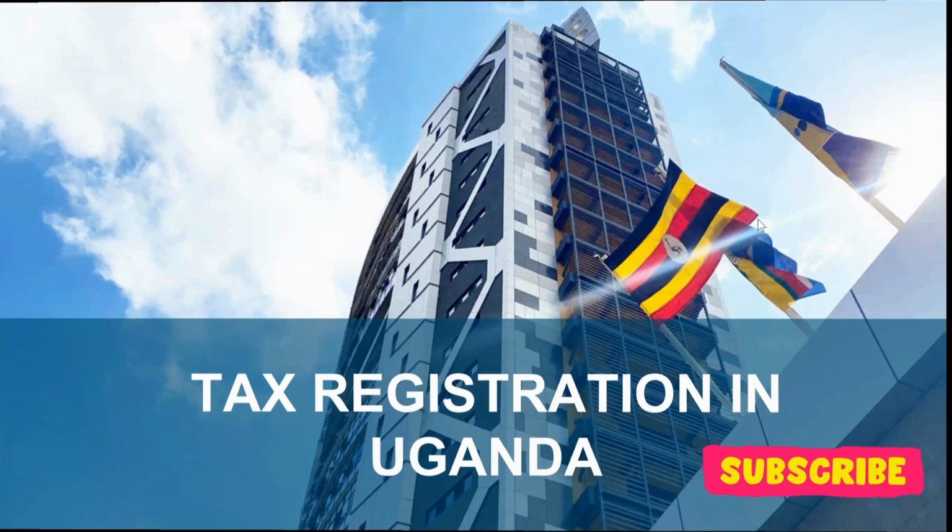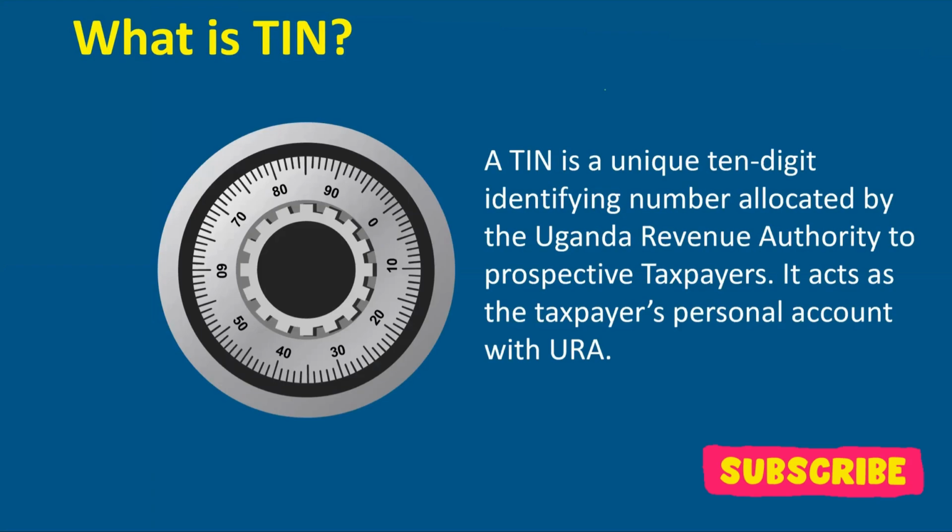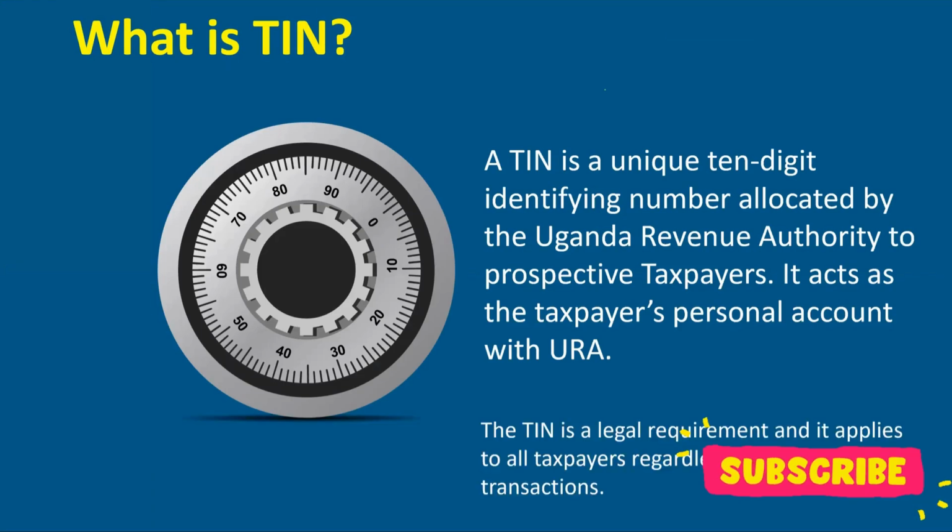So the URA body will issue each taxpayer a 10-digit identifying number, which is the TIN. It acts as the taxpayer's personal account with URA.